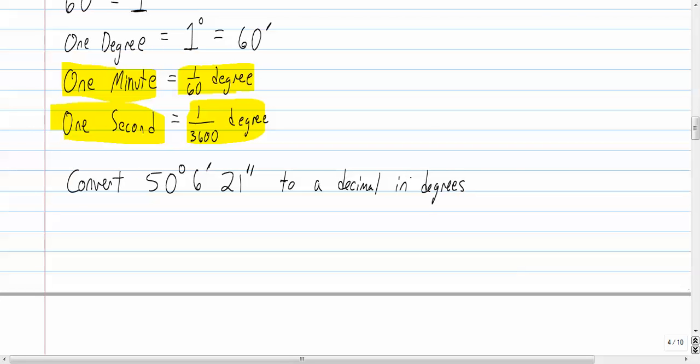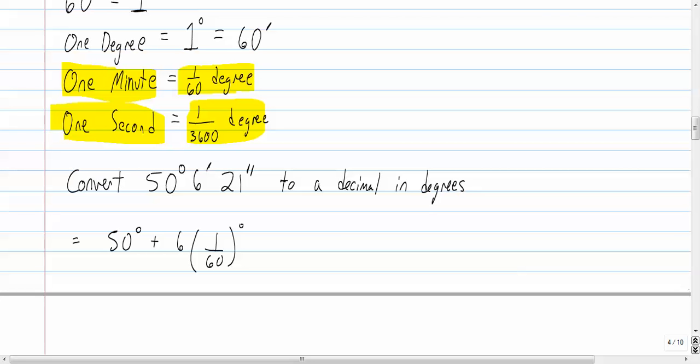Alright, so the decimal in degrees. Well, the whole number part of our decimal in degrees is already given, the 50 degrees. So that's the first part. 50 degrees plus, now we want to convert 6 minutes over to degrees. So we'll just say 6 minutes times 1/60th of a degree.